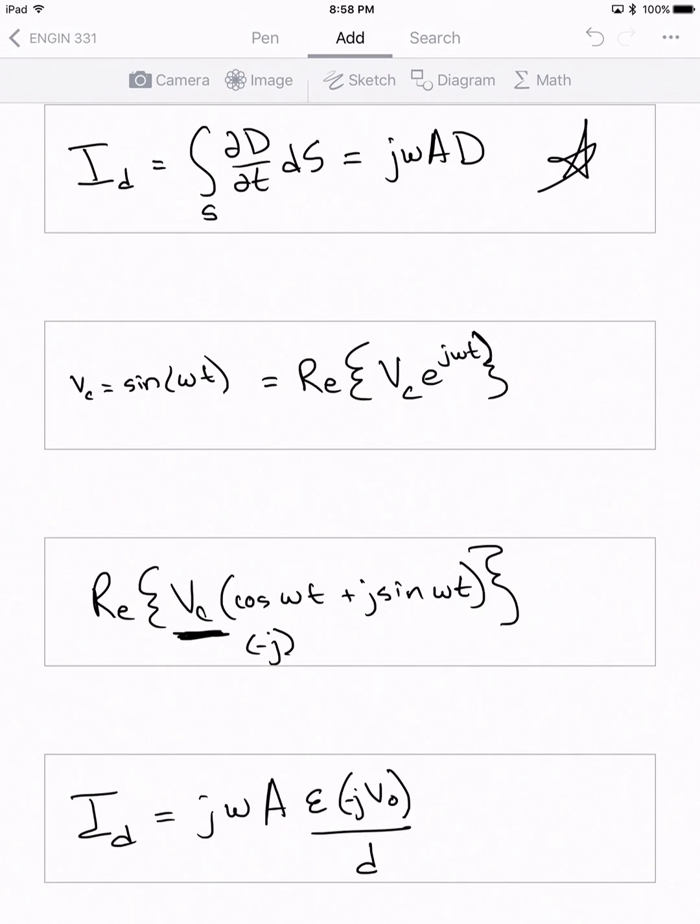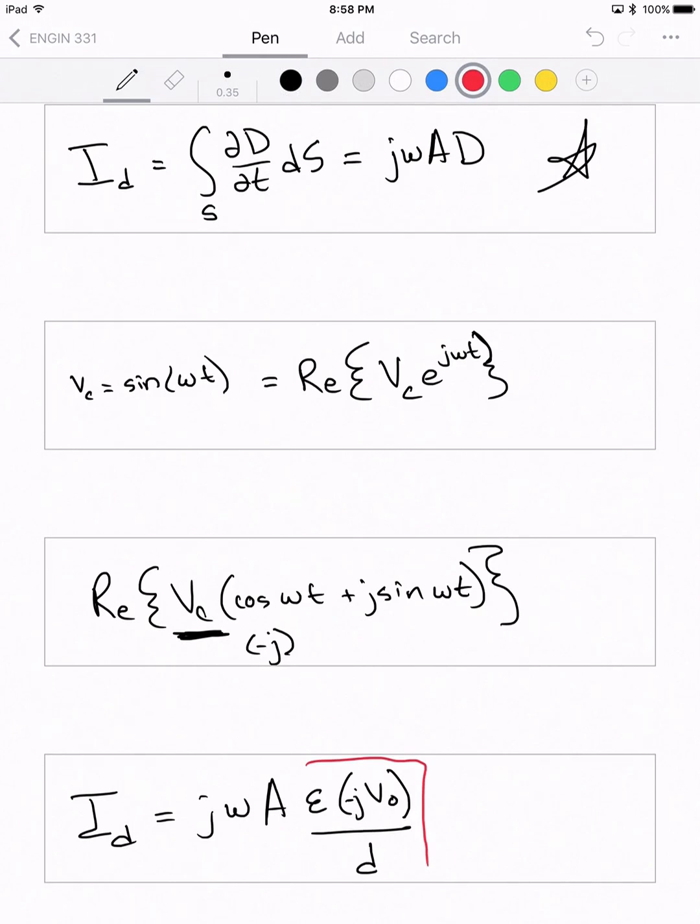So that's our expression. This stuff that I drew a box around in red is our expression for I_D. And remember, we got the time derivative just by multiplying by j omega. So that was a little bit easier, even though we had to do a discussion about whether it should be minus j or plus j right there.